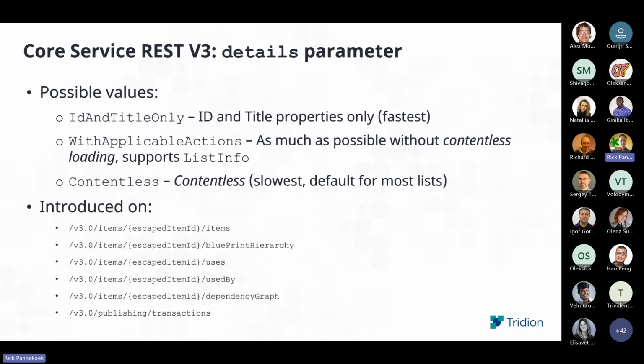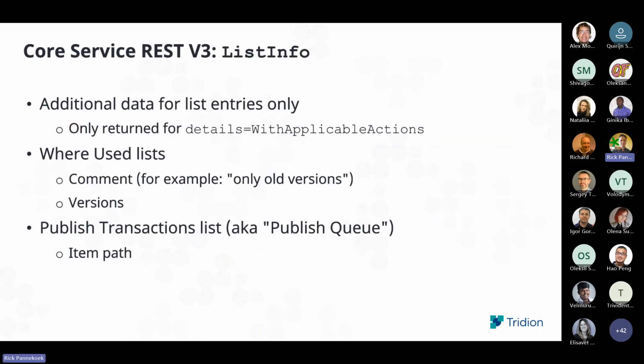And then there is something interesting with applicable actions. In general, we have something we call list info, which we did not expose in Course of REST in earlier API versions yet, but we do now in v3. We also have that in the WCF core service. What we return in lists are typically just entities from Content Manager, components, pages, stuff like that.